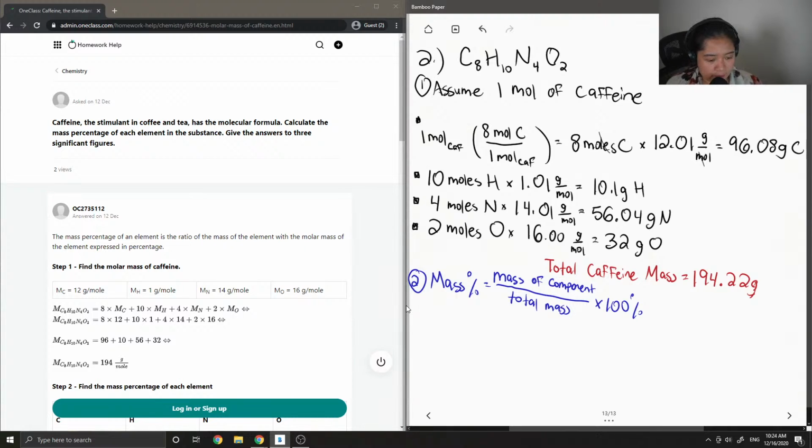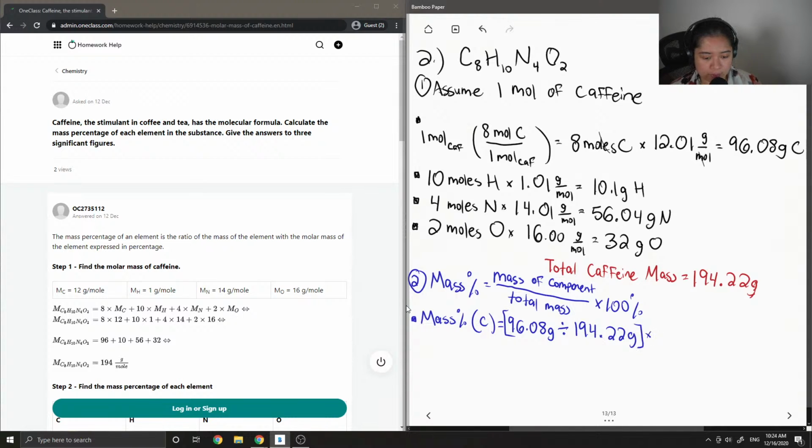So for example, let's start off with carbon. Mass percent of carbon is equal to 96.08 grams divided by the 194.22 grams, which is the total mass of caffeine.